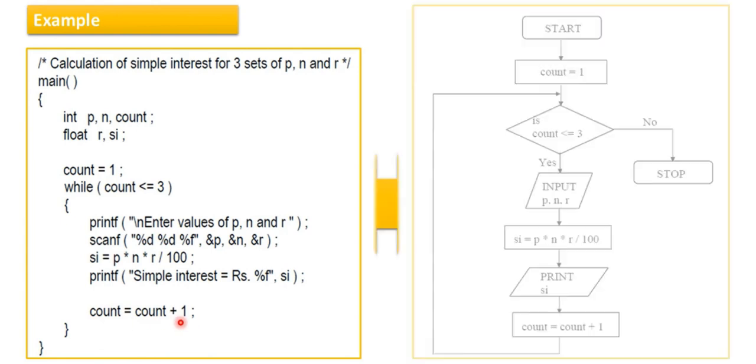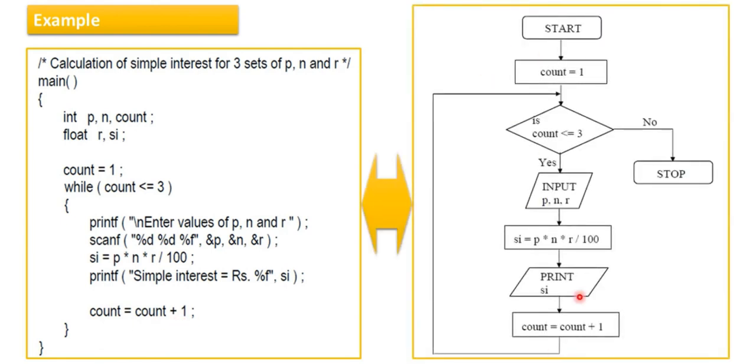You can see the equivalent flow diagram. Here the code starts, and count is initialized to 1. Now it is tested whether count is less than or equal to 3 or not. If it is, then input is taken from the user, simple interest is calculated and printed on the output window, and once the body of the loop executes, at the end we have count equal to count plus 1.